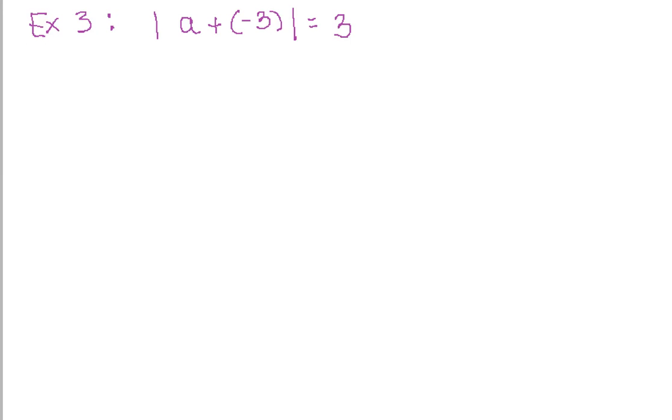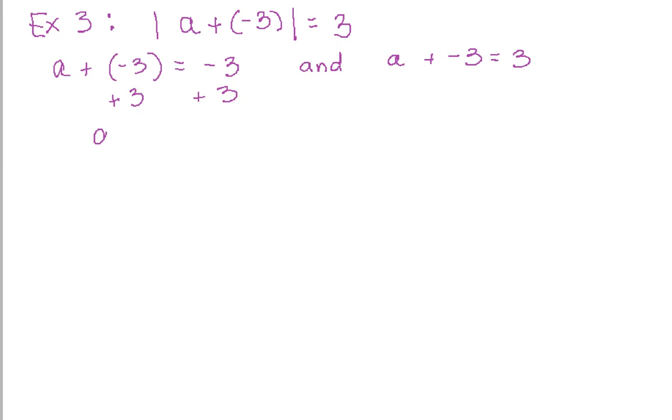In this case, I'm going to have a plus a negative 3, and that's going to equal negative 3, and I'm going to have a plus a negative 3 equals 3. All right, so in order to do this, I'm going to have to eliminate this negative 3. I have to get rid of that, so I'm going to add 3 to both sides of my equality sign.